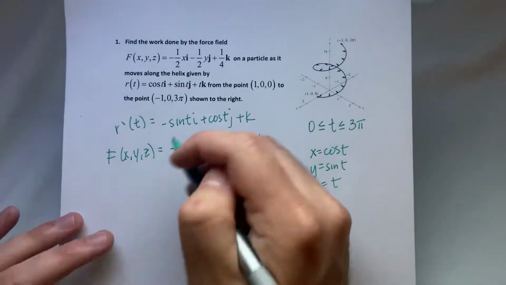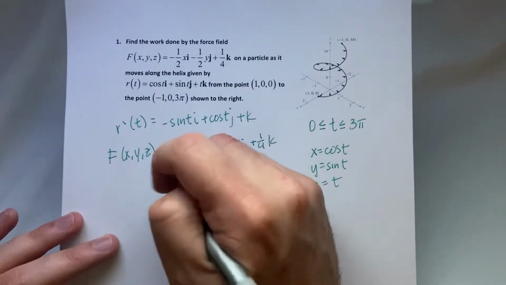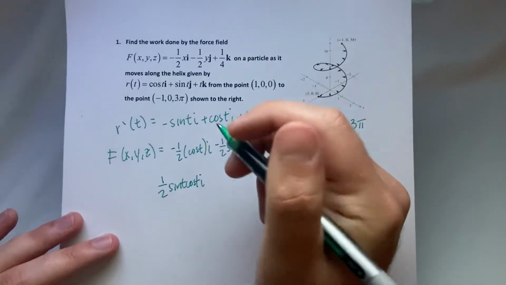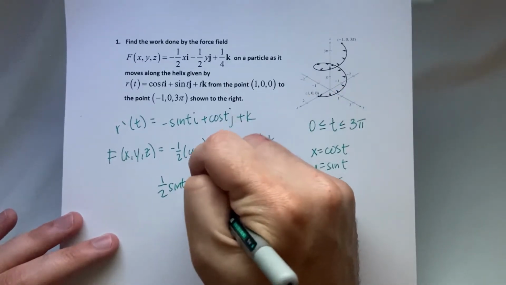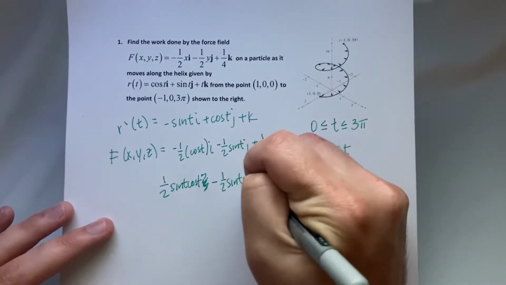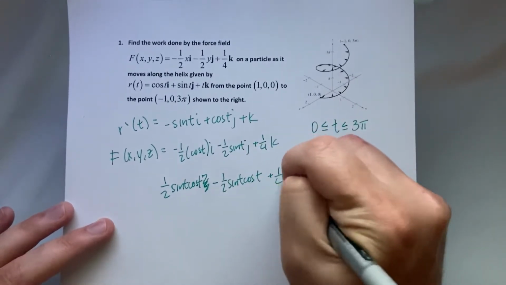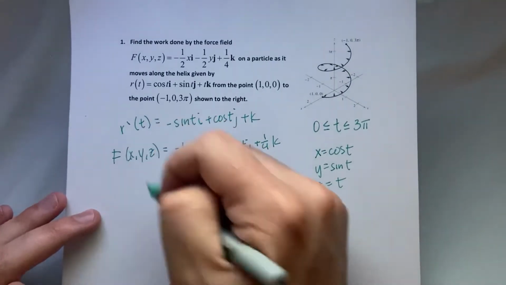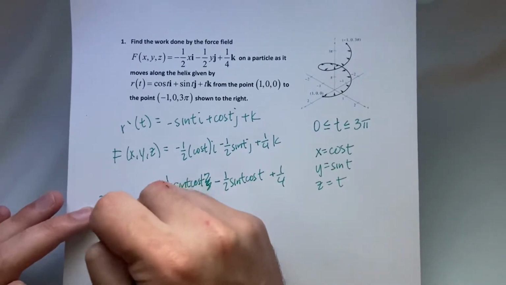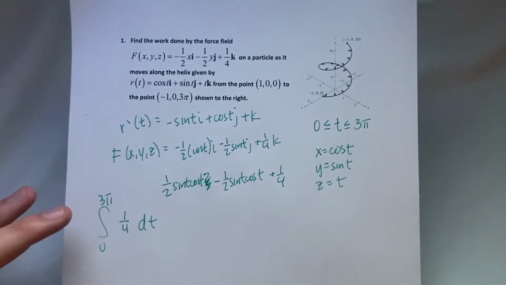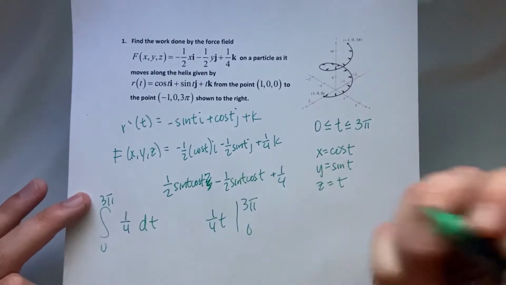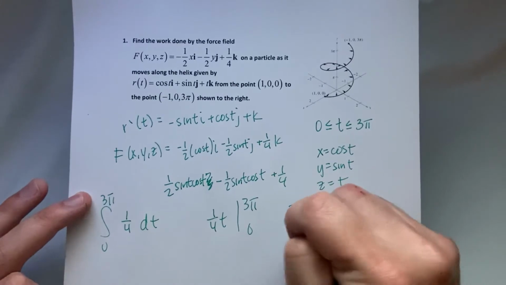I'm doing the dot product here of these two, so I get negative times negative is positive 1/2 sine t cosine t, minus 1/2 sine t cosine t, plus 1/4. So these two cancel. So it's the integral from 0 to 3π, and the only thing that's left is 1/4 dt. Integral of that is 1/4 t from 0 to 3π. Just plug in. It's 3π over 4.